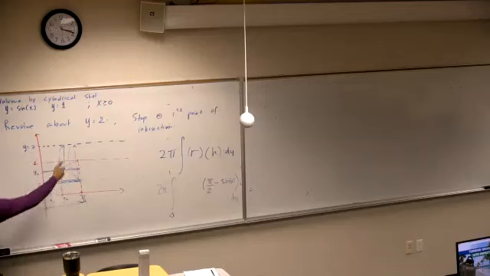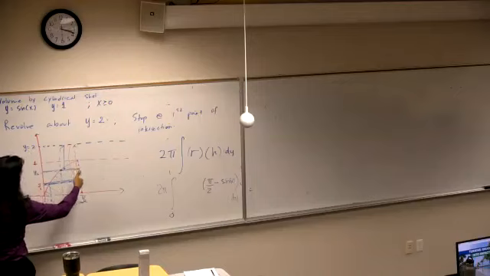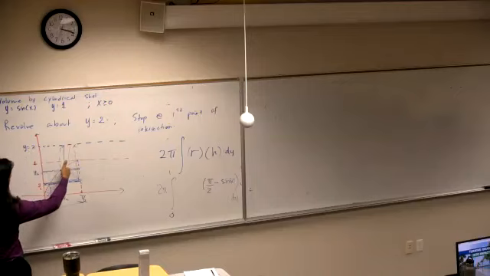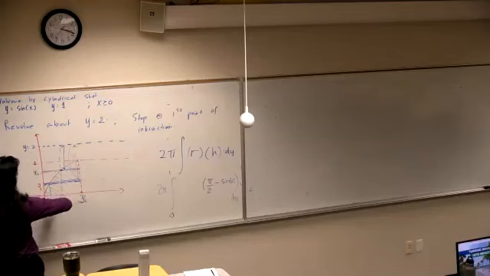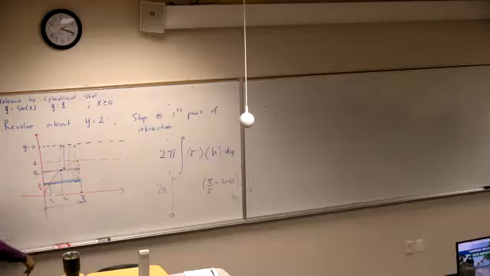That is the radius for the blue strip, and the radius for the purple strip. Blue cylindrical shell, purple cylindrical shell.